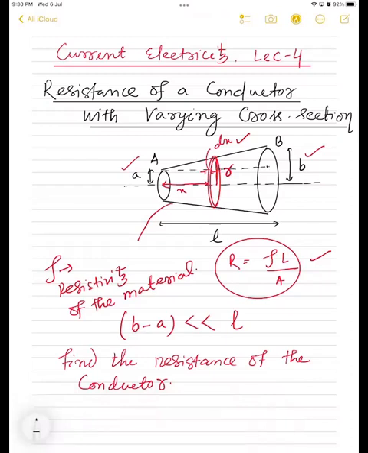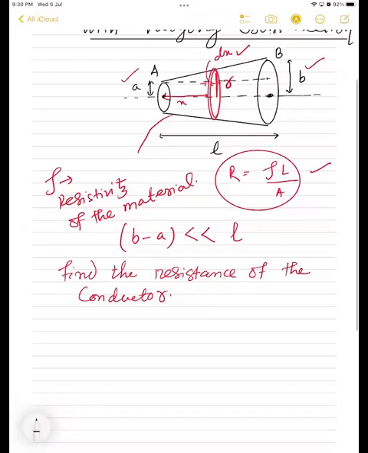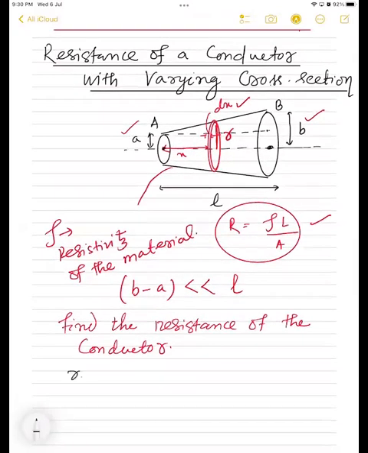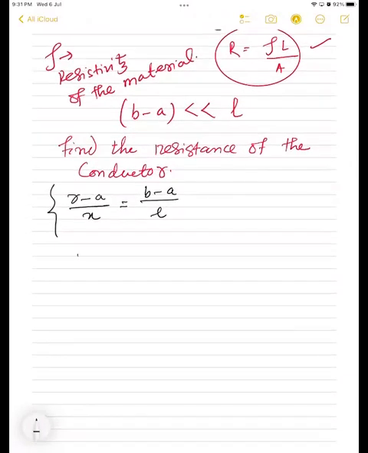Center to center distance is L. So by similarity, you can see that R minus A divided by x is equal to B minus A divided by L. This is radius R, this is A, this is B, this is A. So from there you can find the radius R: cross multiply, bring to one side, and R is equal to A plus (B minus A) by L into x. This is the value of the radius.